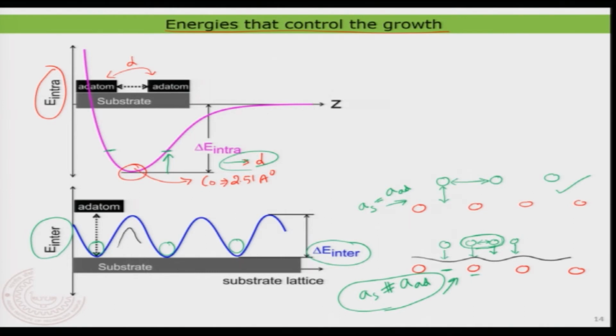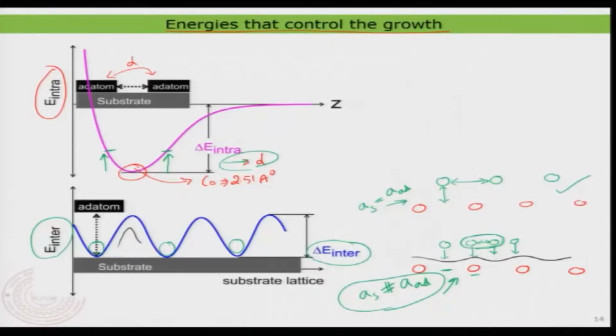Or if you have the atoms to be just pressed together in order to accommodate the add atoms on the most favorable adsorption site, then also you can see that the add atoms are basically going to lose some energy.